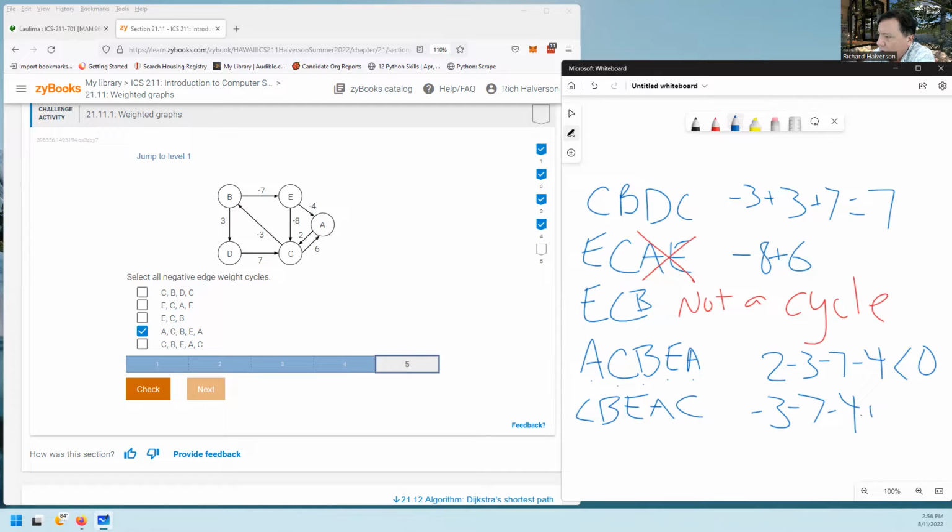And this is definitely less than 0. So we got C to B is -3, B to E is -7, E to A is -4, A to C is +2, and it's a cycle. Okay, so this one is also a negative weight cycle.